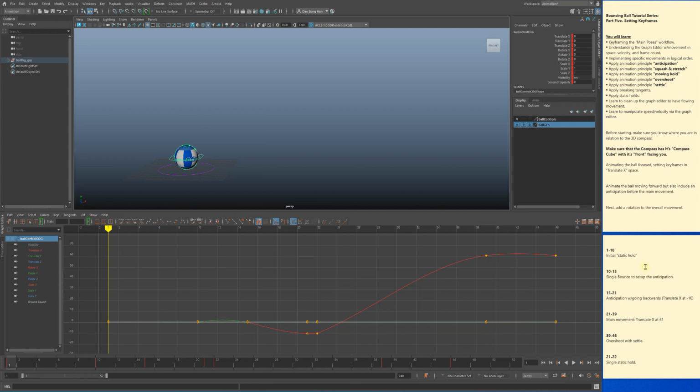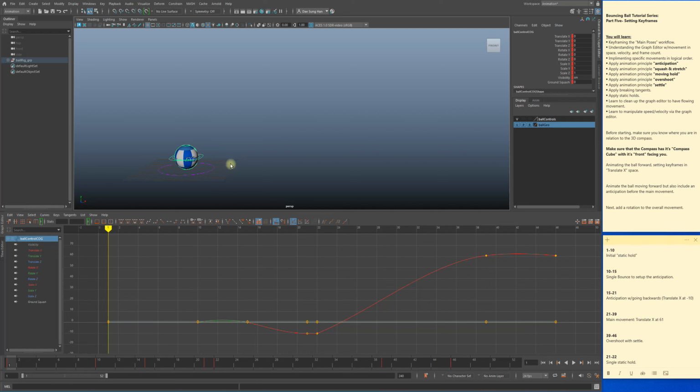Alright, so I paused the video for a bit because this thing was annoying me. This is what's going to be happening. You have your initial static hold, your single bounce to set up the anticipation. Then this is the main anticipation. It's gonna kind of pull back and get ready to just slingshot forward.